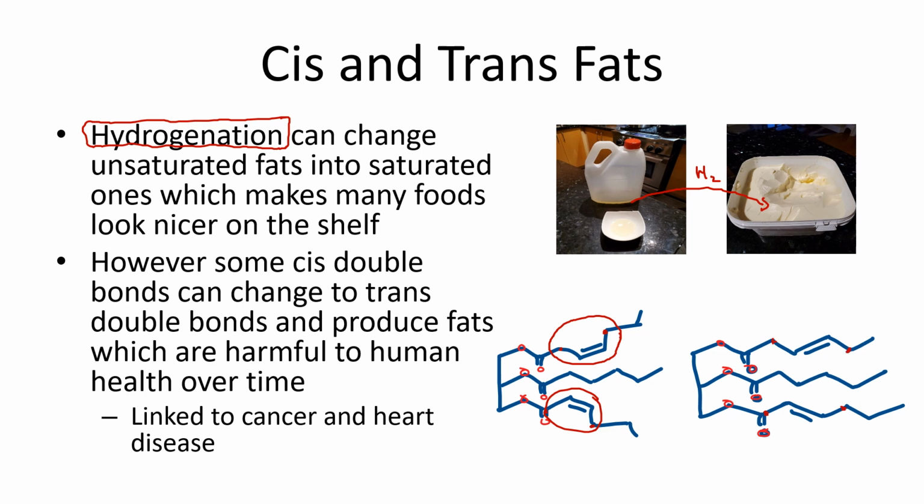Well, aesthetically, it looks pretty much the same, and you wouldn't worry about it too much that way, except that it seems to be linked to cancers and heart disease more. And so these trans fats are something that we want to avoid having too much of in our diet. Our body doesn't deal with them very well. We don't have very good enzymes to break them down, and it can lead to some health issues. So check your labels and avoid the trans fats, and now you know what they look like at the molecular level.